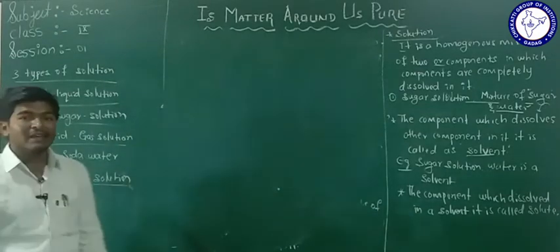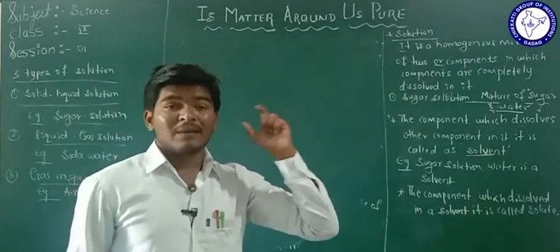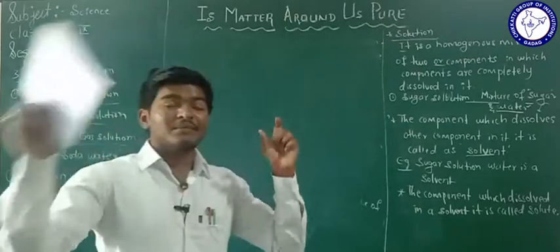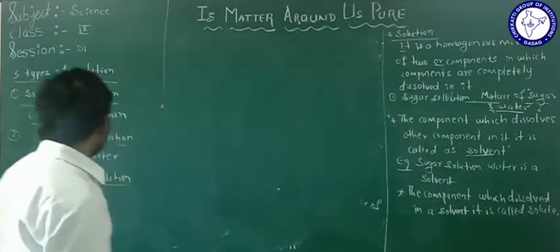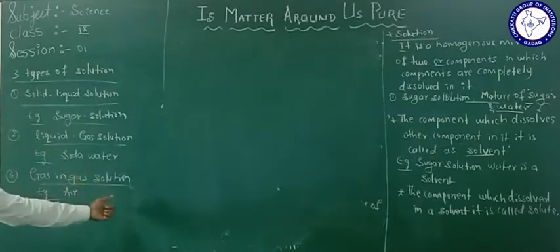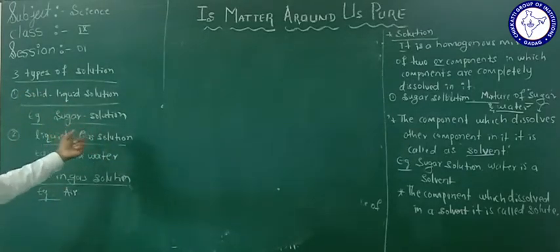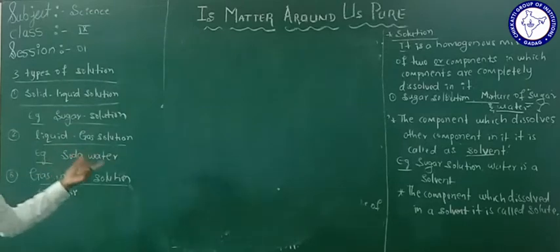Our air is a mixture of 6 to 7 gases, therefore it is a gas in gas solution. These are the three types of solutions we are going to see. First one is the solid liquid solution, second one is the liquid gas solution, third one is the gas in gas solution.